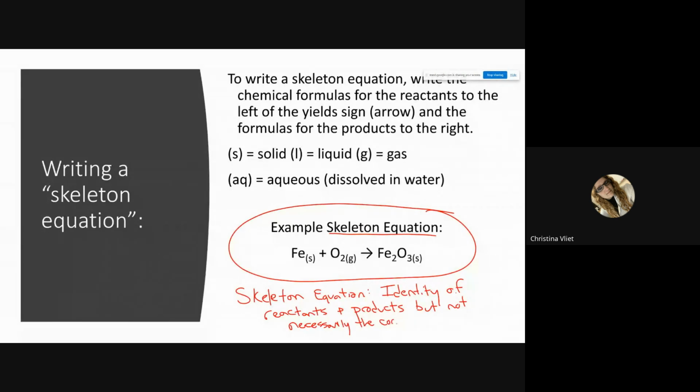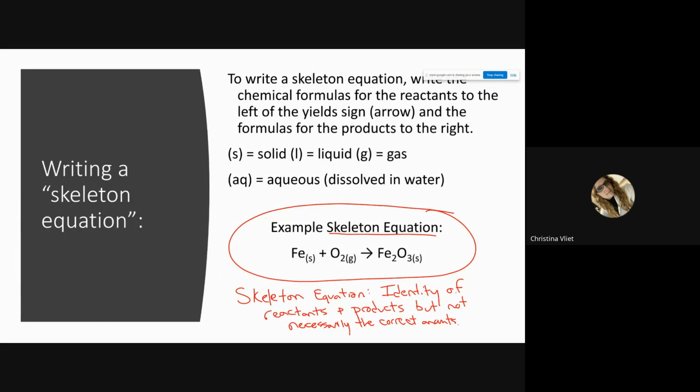Why do I say it like this? It could be the correct amount, it could be balanced, or it may not be. So a skeleton equation just tells us what are we making, but it doesn't tell us how much.